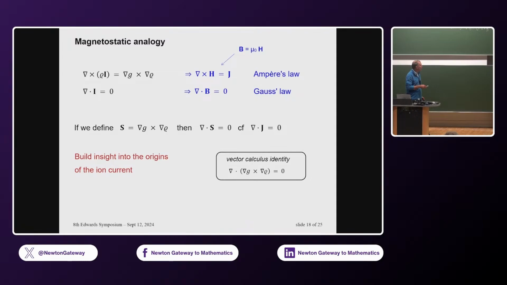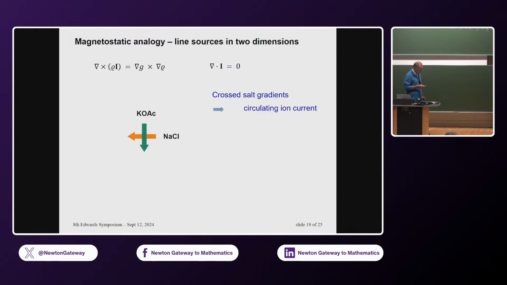So the real utility of this is you get some insights into where these ion currents are coming from. They really say that the origin is where the salt gradients cross.